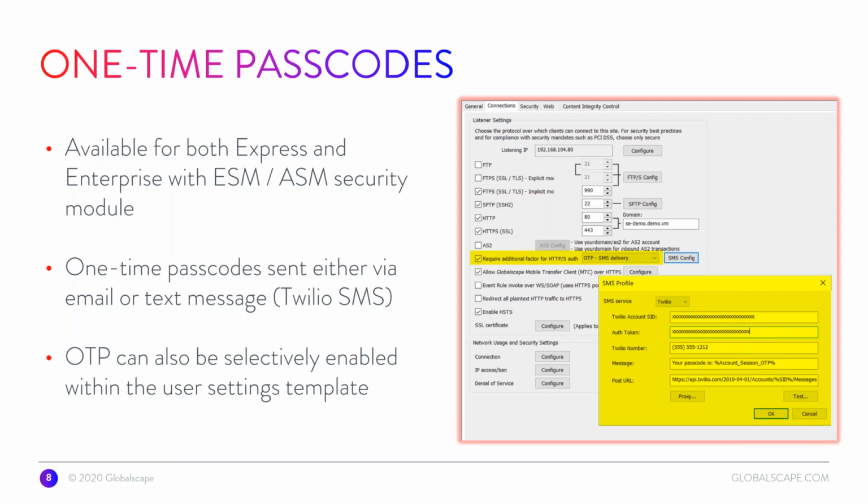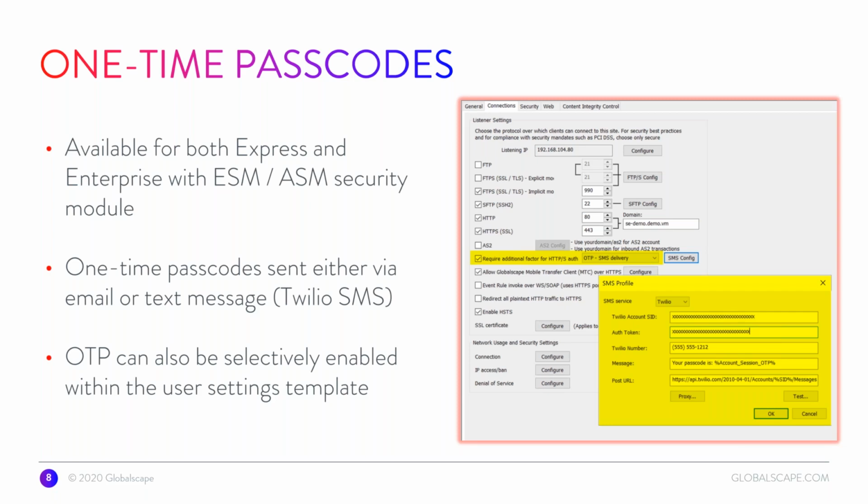EFT uses API calls to the Twilio SMS gateway service and leverages Twilio to generate those SMS text messages, which are then received on the user's mobile device.